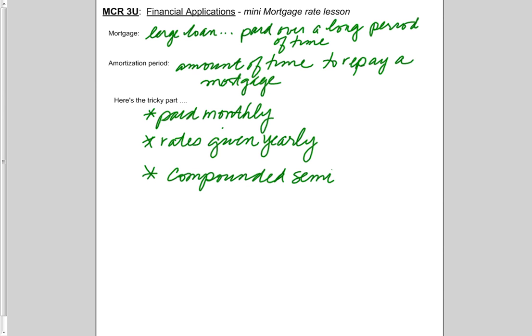Those things don't match. Every time we did a problem before, especially on the graphing calculator, I mentioned that the compound periods and the payment periods were the same. They're not normally for a mortgage. So that gives us a little bit of a computational error.